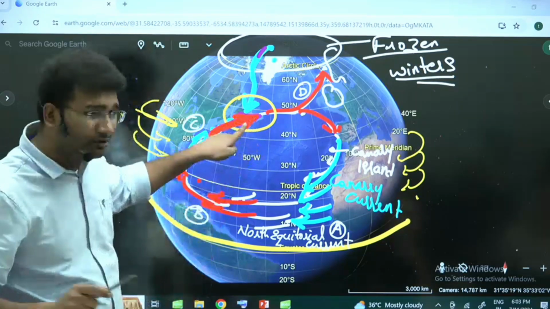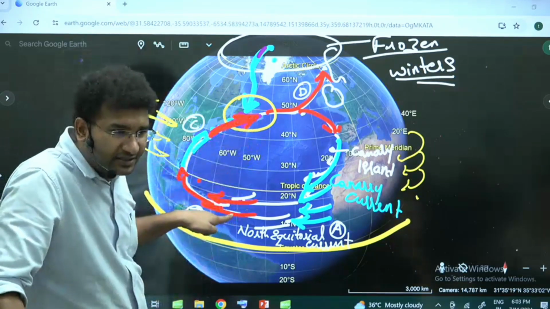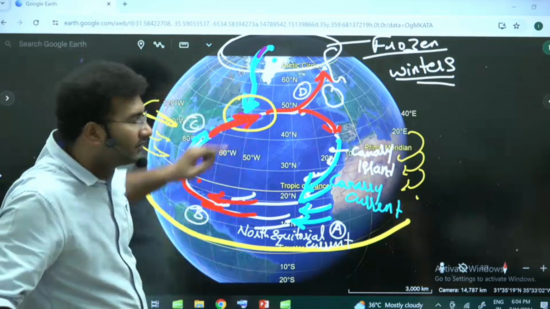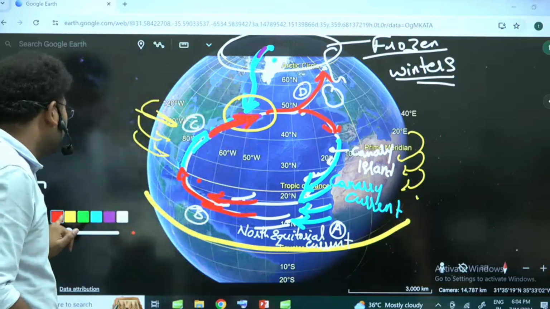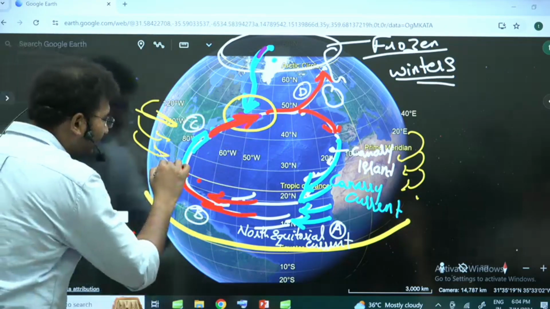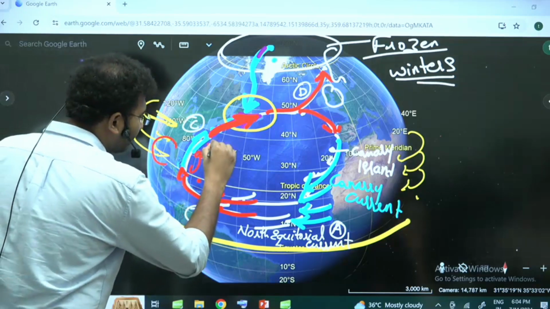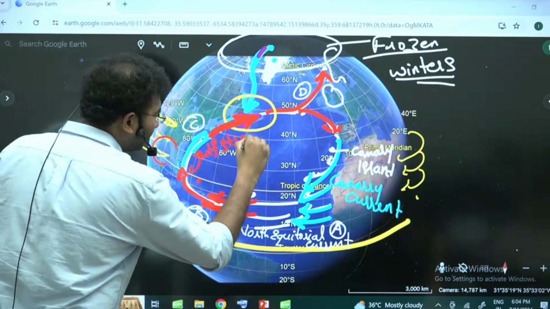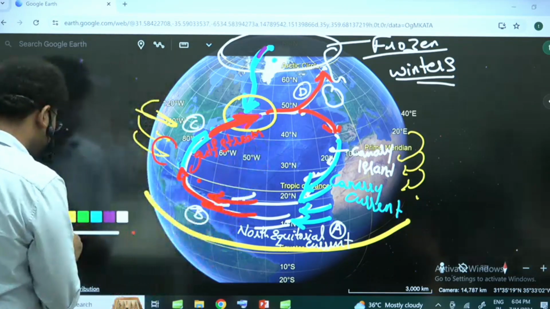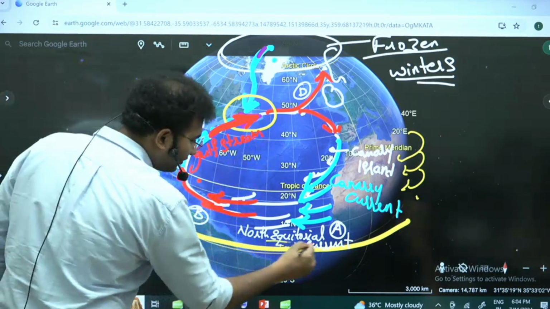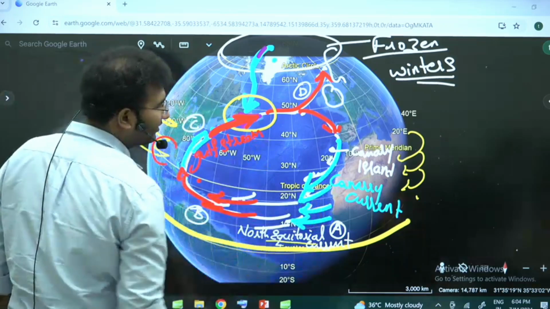Okay? But this is not warm like the water which is present here. This is warm as compared to this water. Now, there are names that are given to them. See, here you have the Gulf. This is your Gulf, right? This is called the Gulf Stream, right? And this is called the North Equatorial Current. This is called the Canary Current.